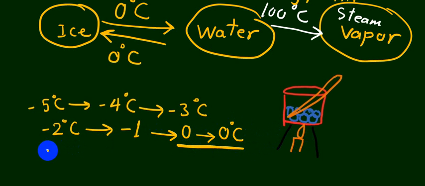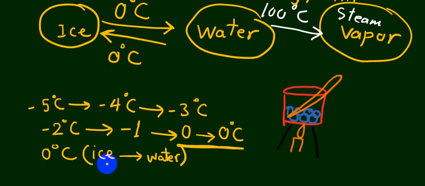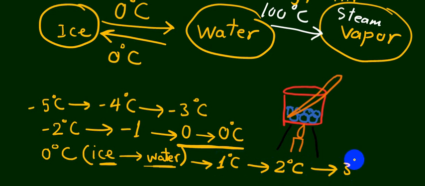After another minute, the temperature is also 0, till all the ice changes into water. So the temperature of the mixture will be 0 until all the ice changes into water. After this, the temperature will increase again: 1, 2 degrees Celsius, 3, and so on.